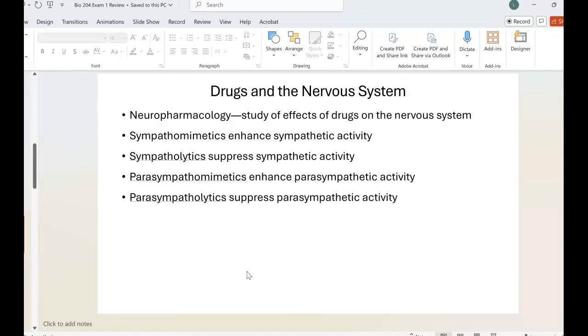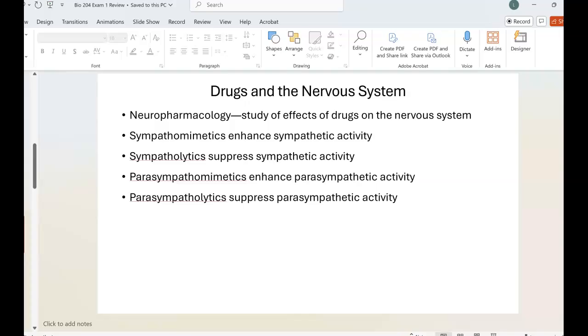So there are certain drugs that sometimes can enhance parasympathetic or sympathetic activity. Sometimes they can actually inhibit it or suppress it. And we talked about a couple of those examples. We talked a little bit about caffeine as being one of those examples. So that is chapter 15, the nervous system.